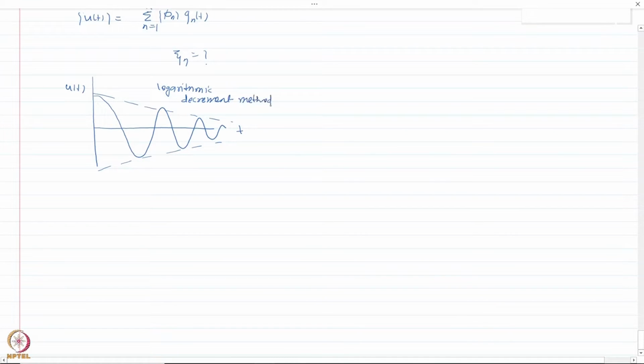The other method to find damping was to find the peak response of a single degree of freedom system as we change the excitation frequency. Let us say this is the peak acceleration here. So we had obtained a frequency response curve like this.